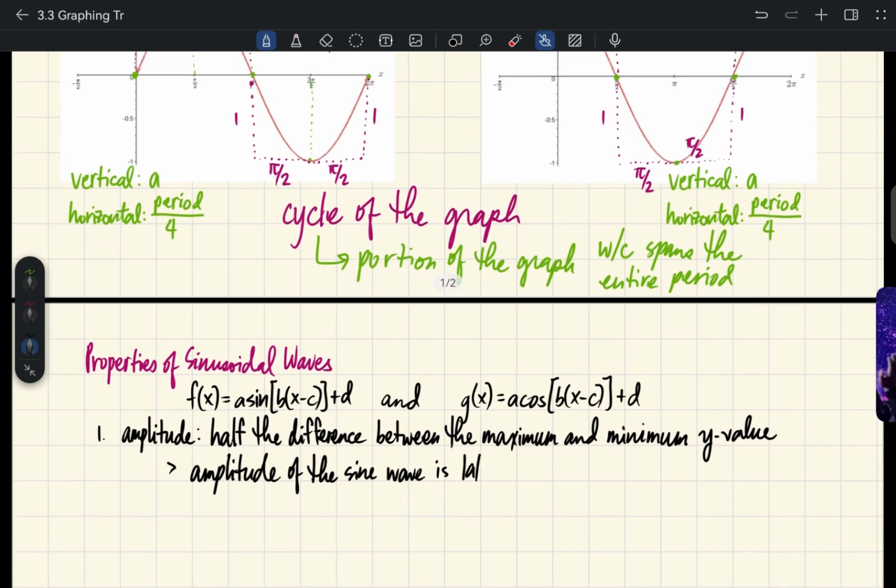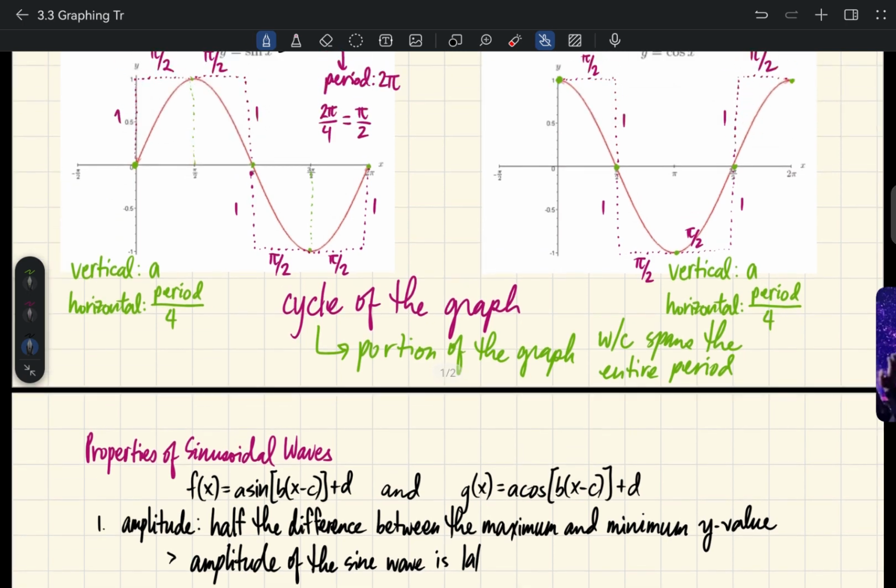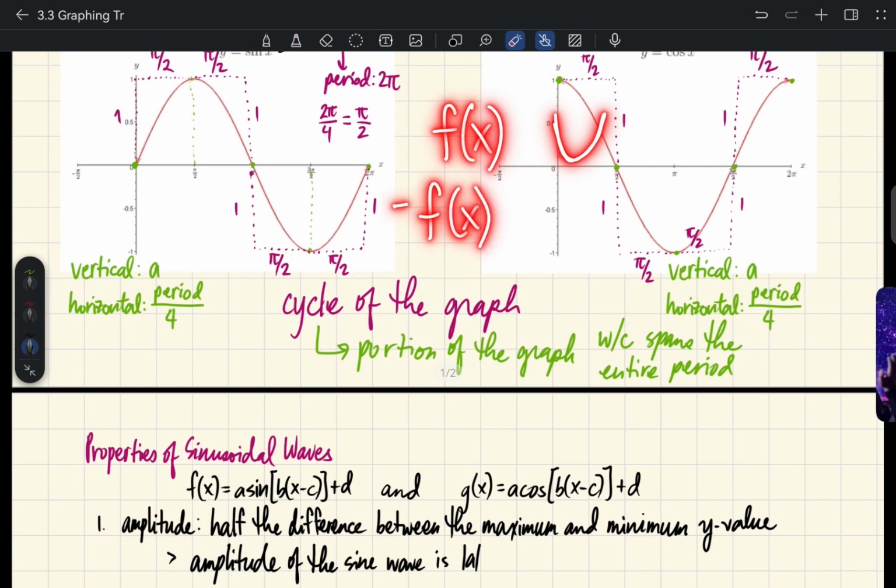And furthermore, there's something that happens if your A is negative. Take note that given the graph of f of x, if you multiply a negative sign to your f of x, it reflects your graph with respect to the x-axis.